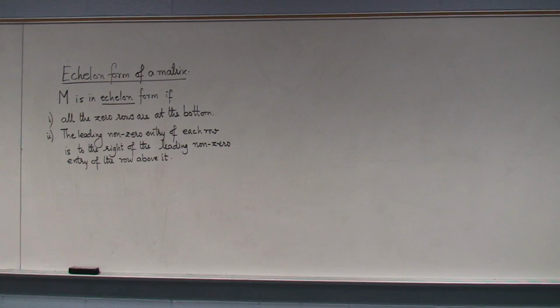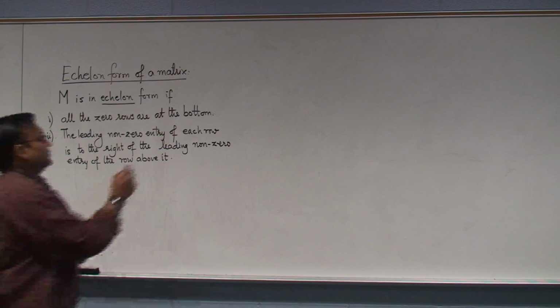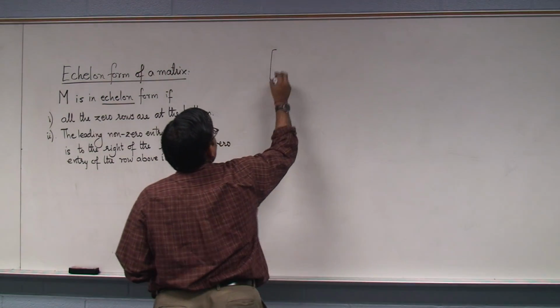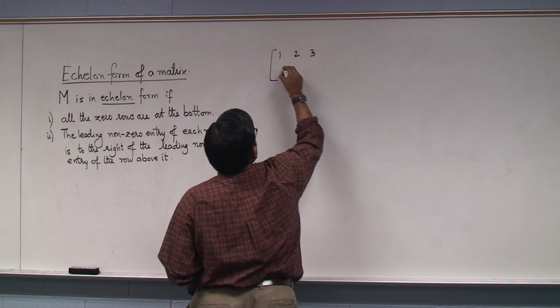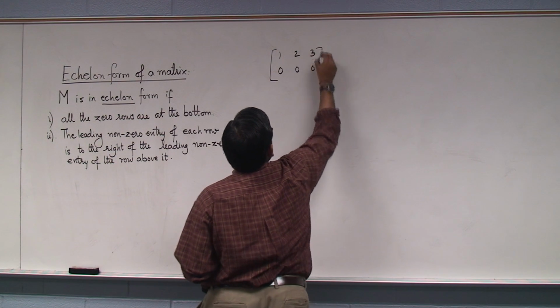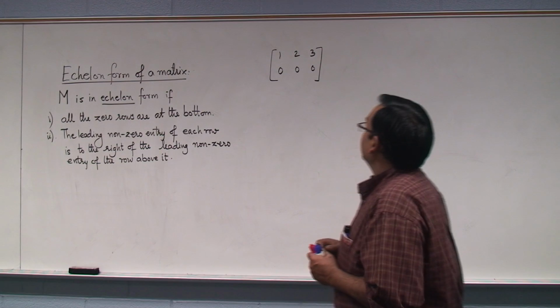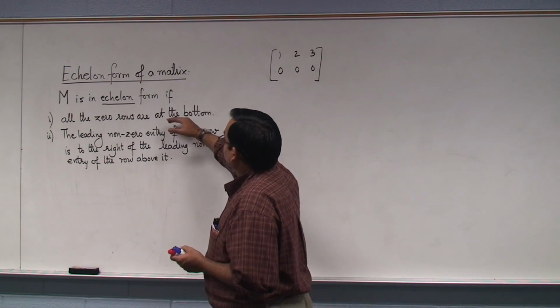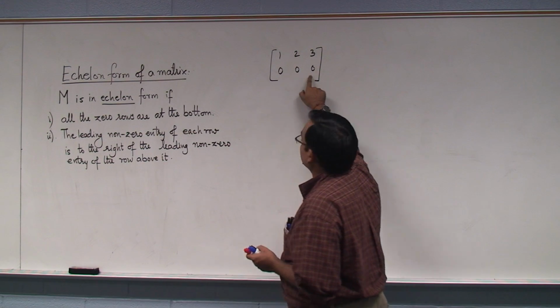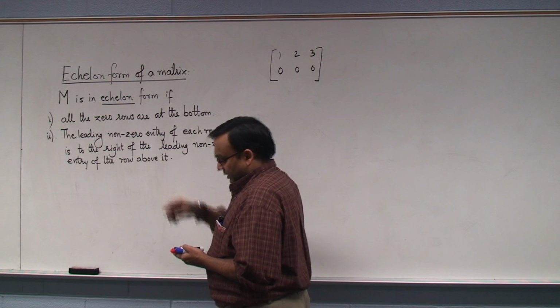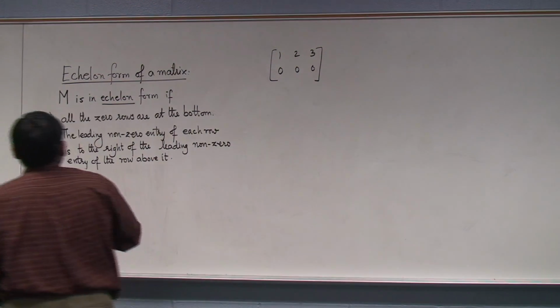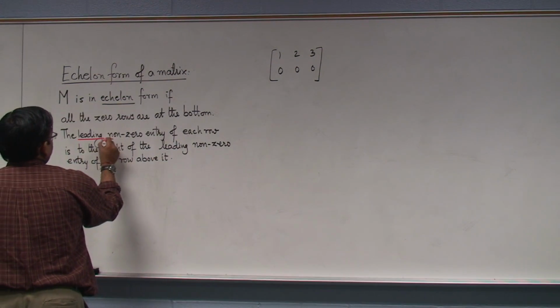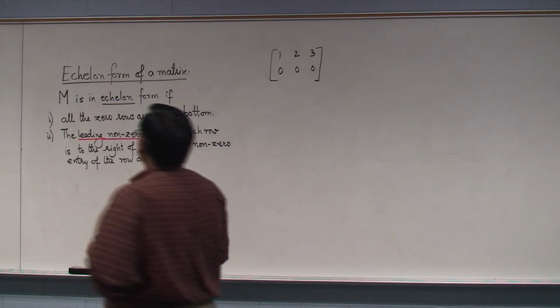Okay. So let's try to see some examples and see if we can understand what is an echelon form or what is not. So for example, let's take a look at this matrix. Is this in echelon form or is it not? Let's see. All the 0 rows must be at the bottom. Well, this is a 0 row, it is at the bottom. The leading non-zero entry. Now, what exactly do I mean by leading non-zero entry?